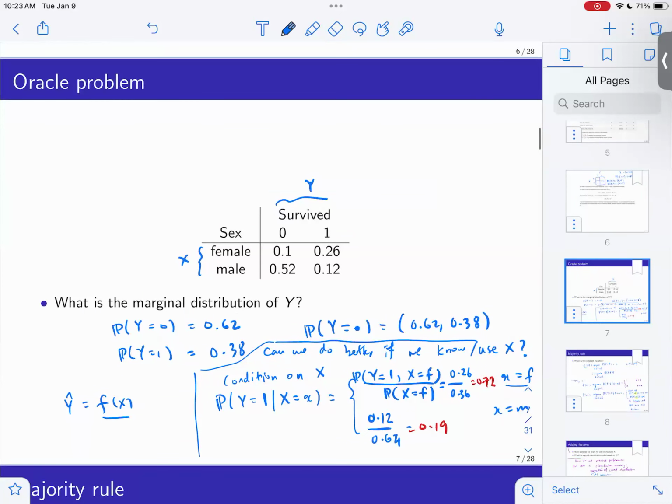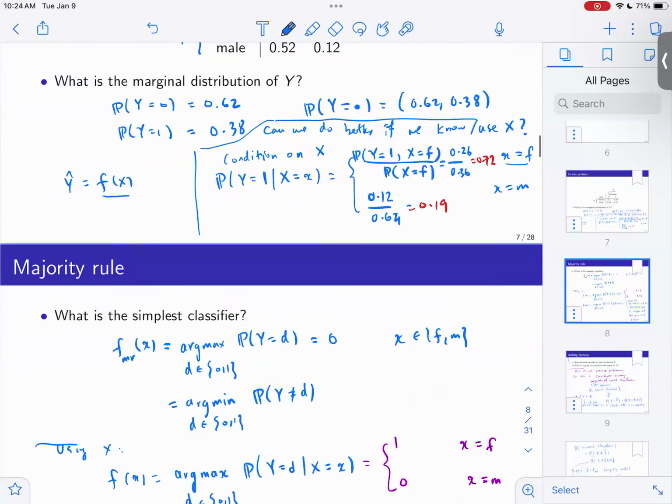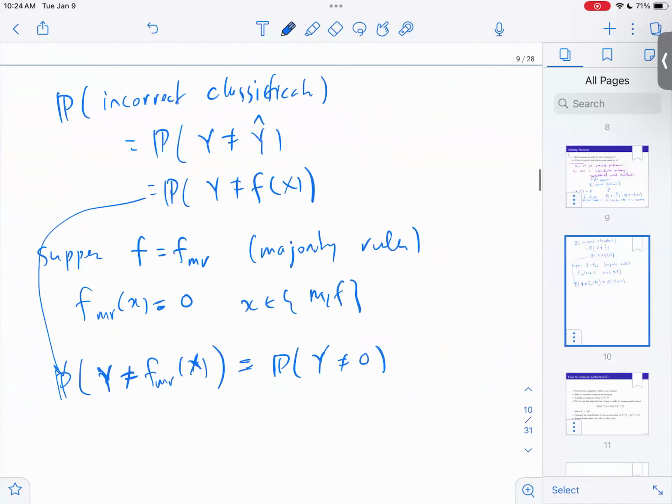The probability of misclassification, then we would just have all the ones survive. That would be how many we missed. Yes, the probability that y is not equal to 0 is just the probability that y is equal to 1.